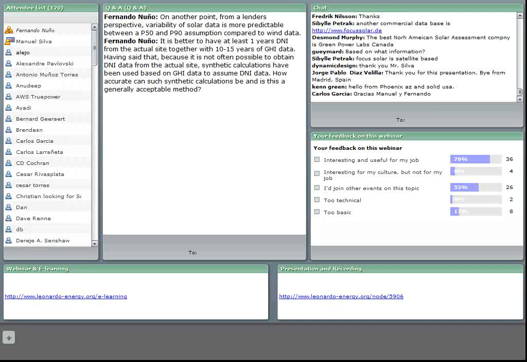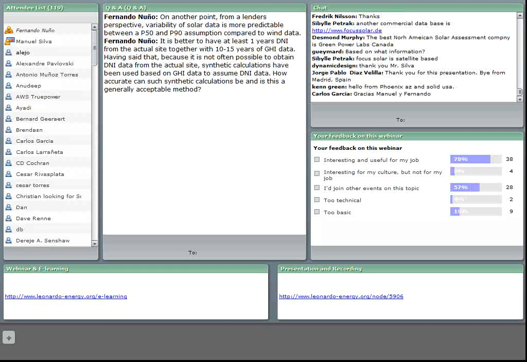To give a good answer for both the banker and the developers. Well, yes, of course, it's possible to calculate or to estimate DNI from global. If you have 10 to 15 years of global horizontal irradiance data, measured data, it is possible to make estimations with good accuracy.